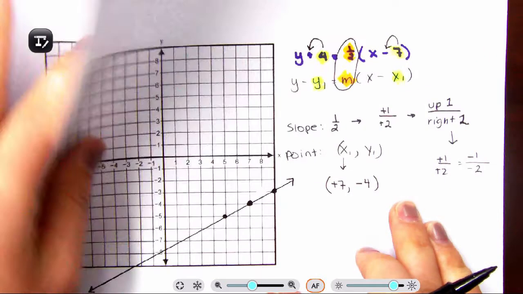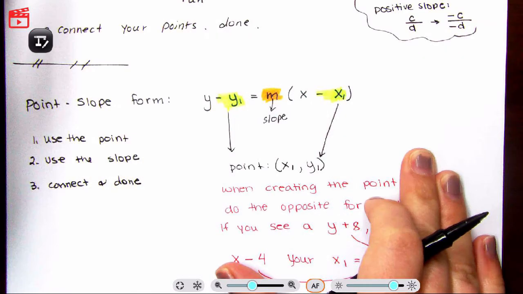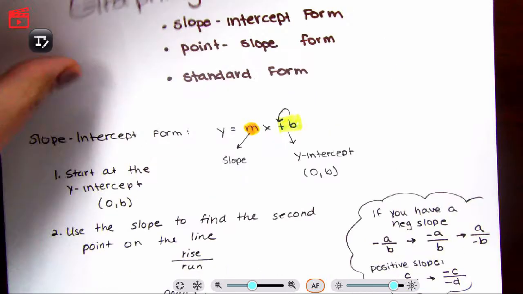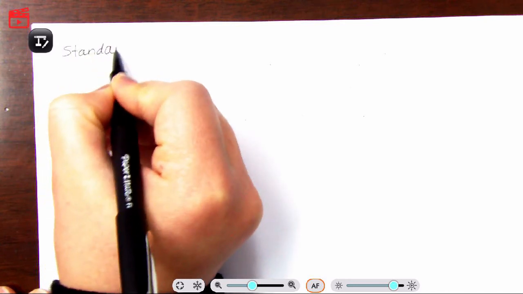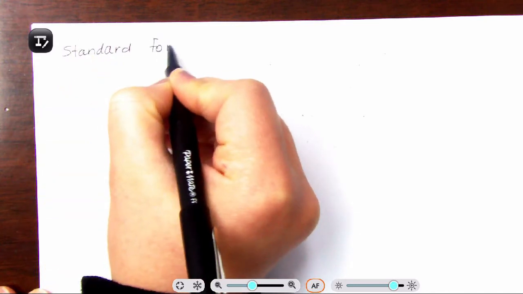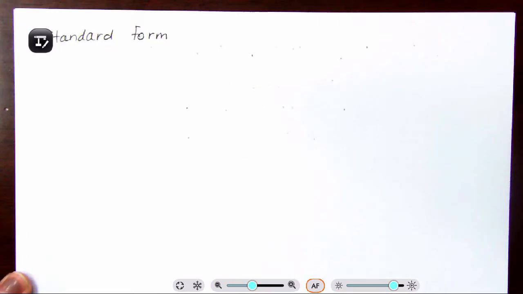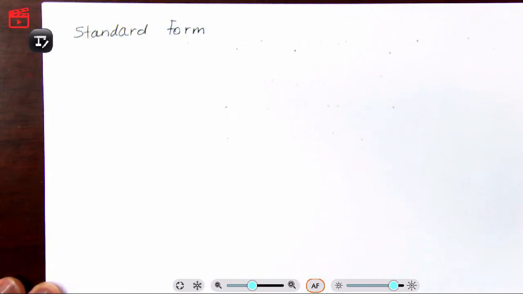Alrighty, let's do one more example. Actually, let's do steps first before this example. This example is in standard form. Now, for point slope form and for slope intercept form, it was pretty much the same step.